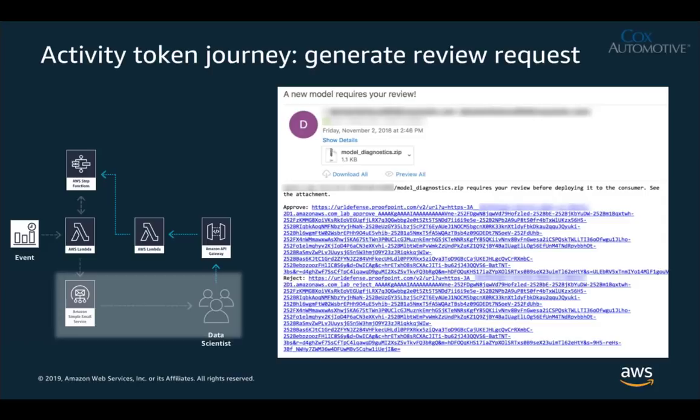So obviously they download the file, inspect it, make sure they're happy with the model, and then they click on either the approve link or the reject link. And again, this is the same API with two resources, approve or reject, and this is hosted in the API gateway.